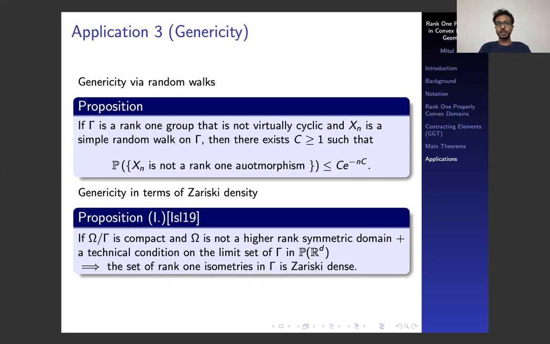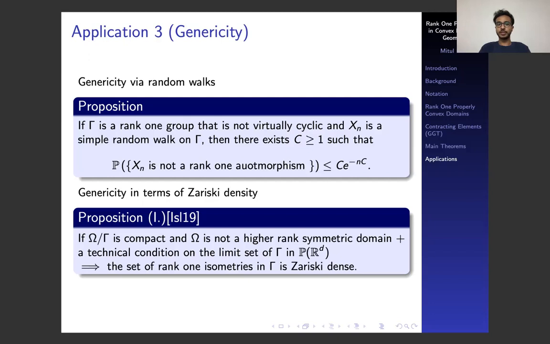The first one is genericity in the sense of random walks, where we can show that if gamma is a rank 1 group that is not virtually cyclic and x_n is a simple random walk on gamma, then the probability that the random walk does not end up at a rank 1 automorphism after n steps decays exponentially in n.